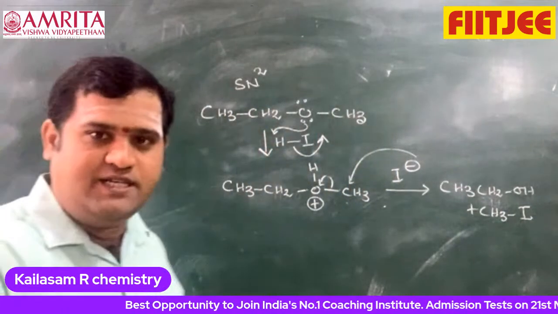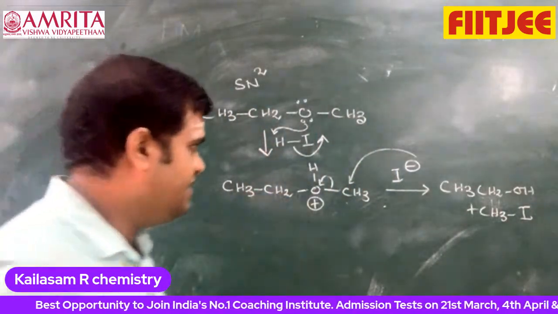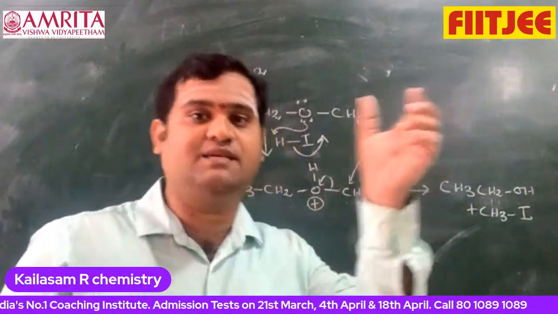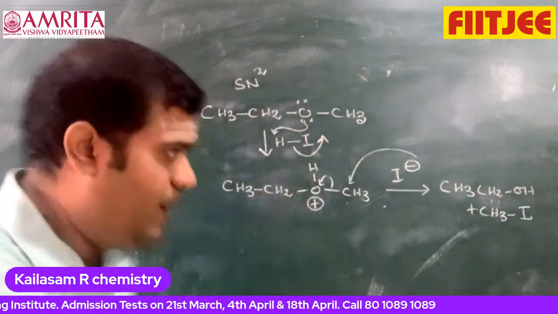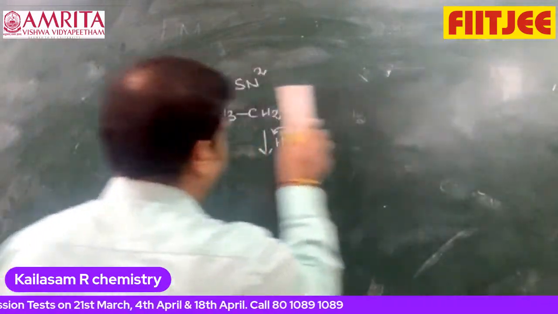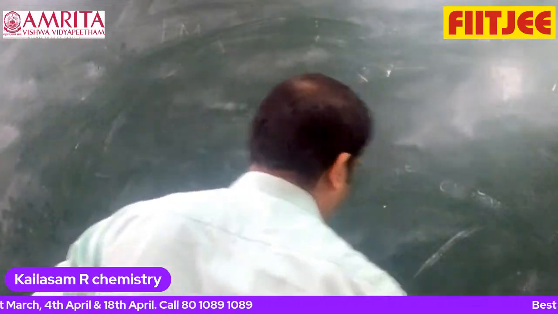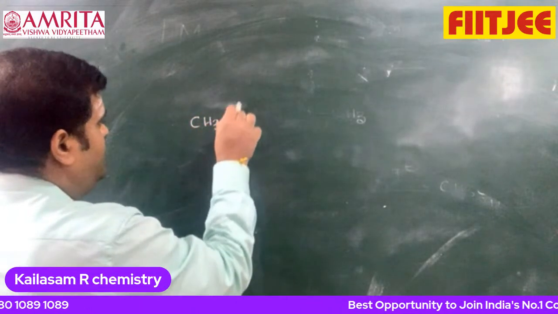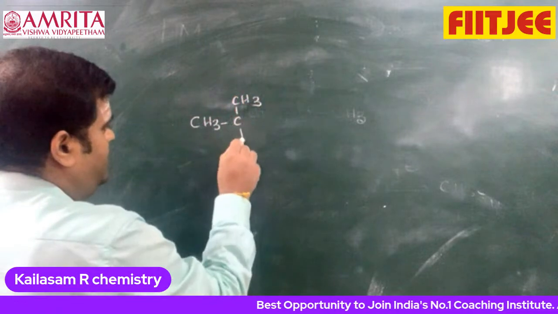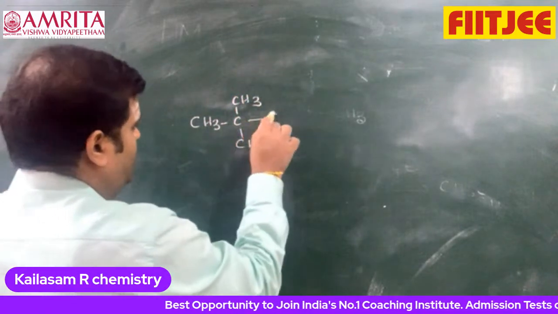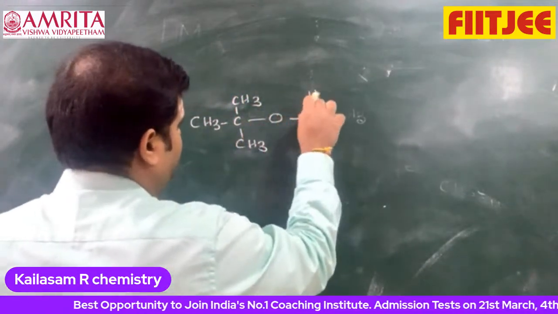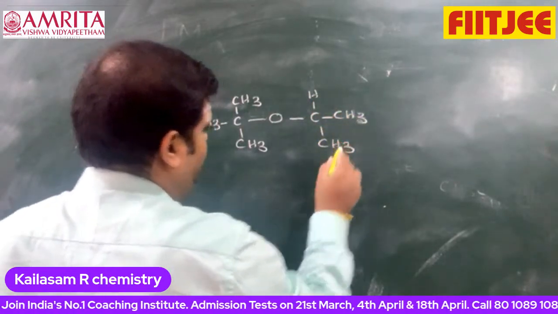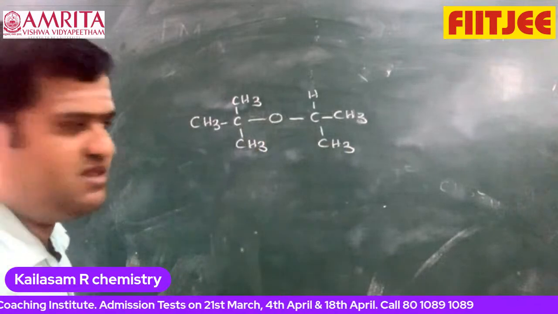And what about if it is a bulky unsymmetrical ether? The simple one follows SN2. If it is a bulky unsymmetrical ether, it follows SN1. Look at this. I'm taking (CH3)3C-O-CH3, a bulky unsymmetrical ether.